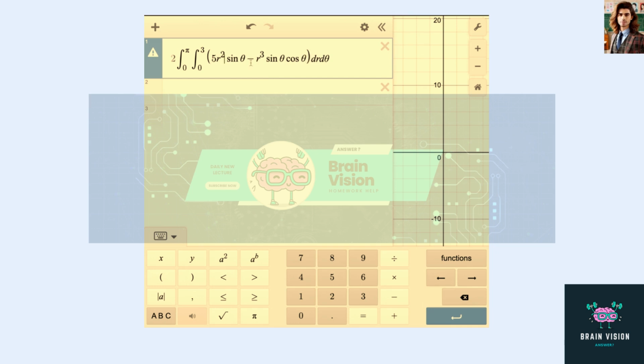And once we evaluate it, we can separate these individually, or we can do them together.